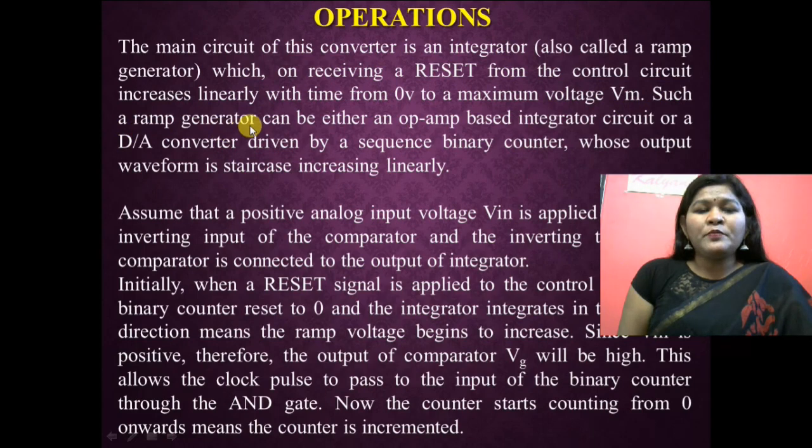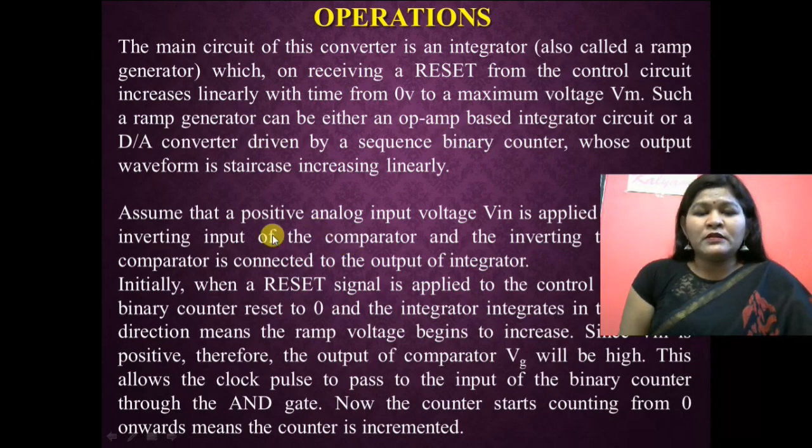Such a ramp generator can be either an op-amp based integrator circuit or a D by A converter driven by a sequential binary counter whose output waveform is a linearly increasing staircase. So we can use either an op-amp based integrator circuit. In this lecture we are using the integrator based circuitry in the single slope A by D converter.